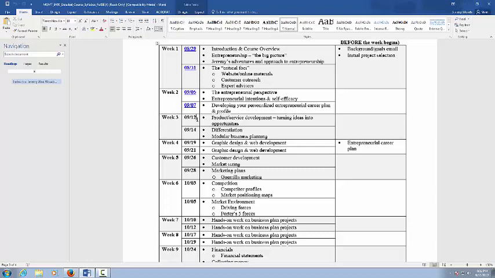And then we need to divide up and choose which projects you guys are going to work on. You mentioned a bunch of cool ideas. I'm going to put them all up on the board on Thursday, and I need everybody to choose which idea you want to work on. So that's that.